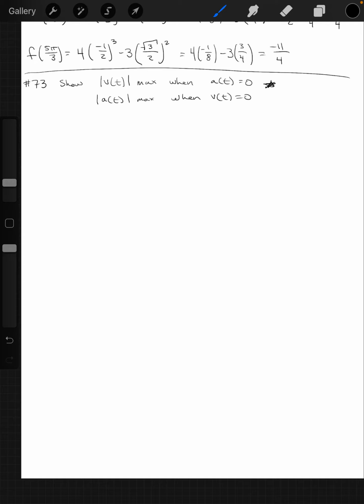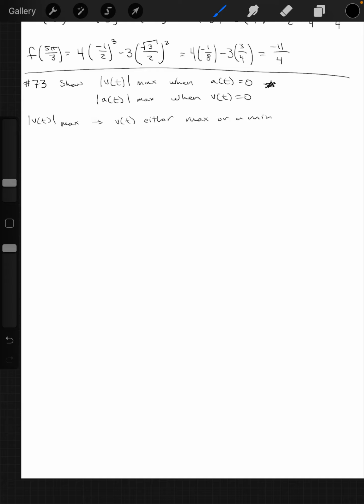But if you think about it, absolute value of velocity being maximum means that v of t is either a max or a min. Right? If the velocity is negative there, and the absolute value of it is a maximum, then the velocity actually had a minimum there.